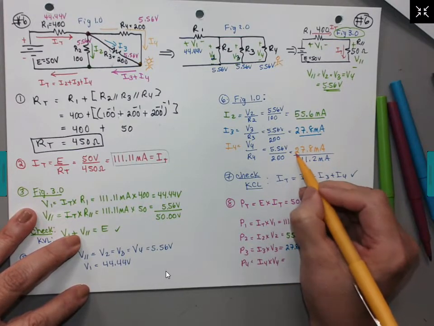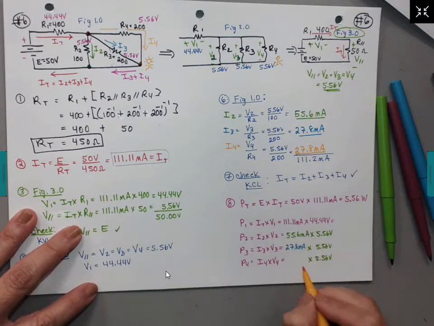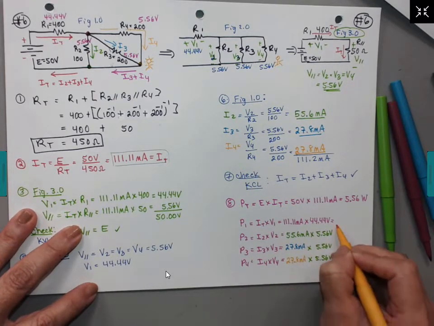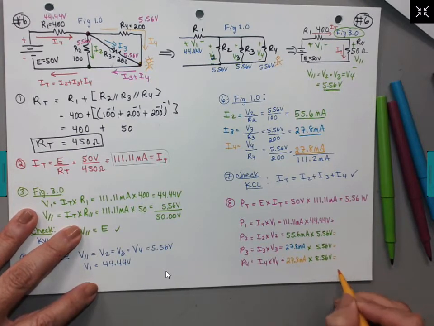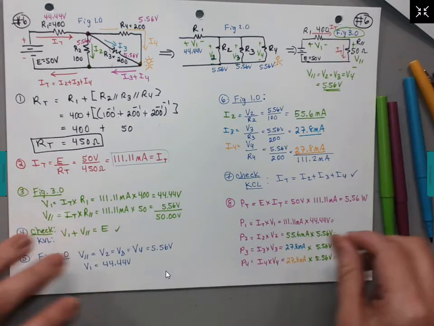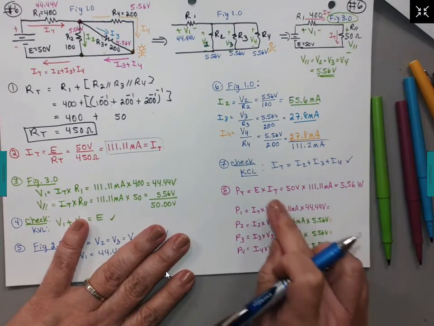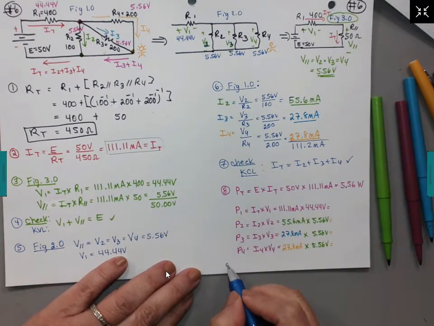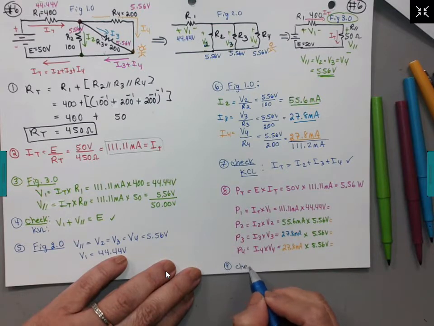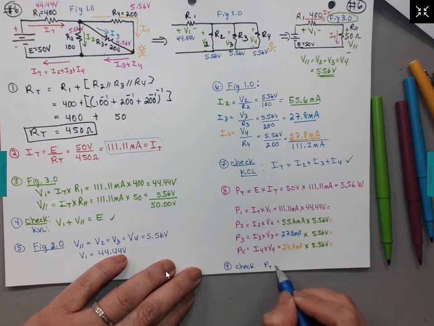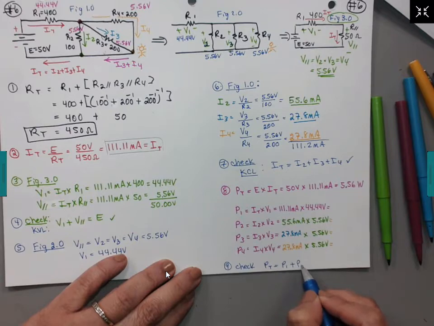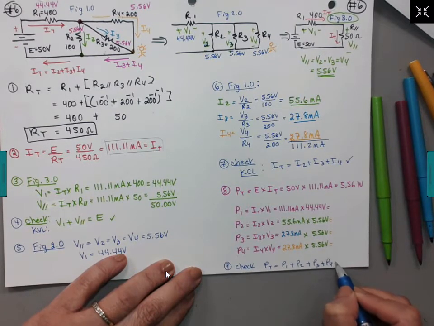And then I4 was 27.8 milliamps. And then you can go and solve them. And then step number 9 will be, does the addition of all these equal PT? So check that PT is equal to P1 plus P2 plus P3 plus P4.